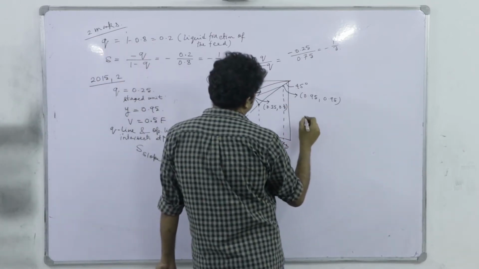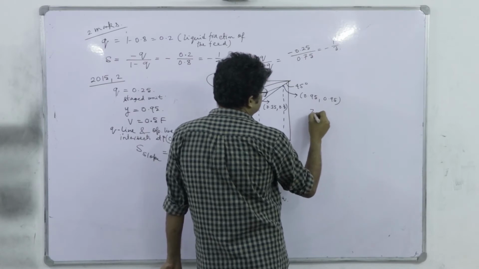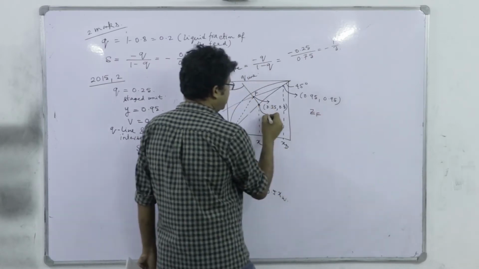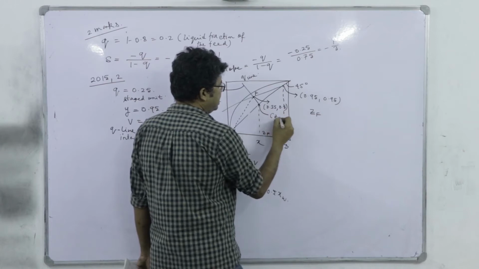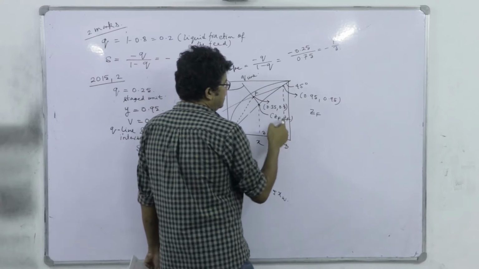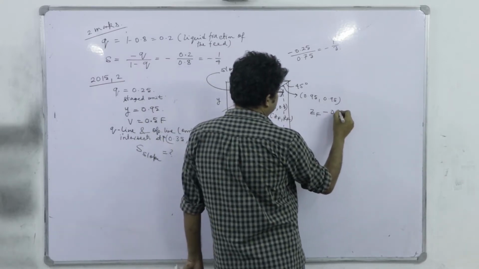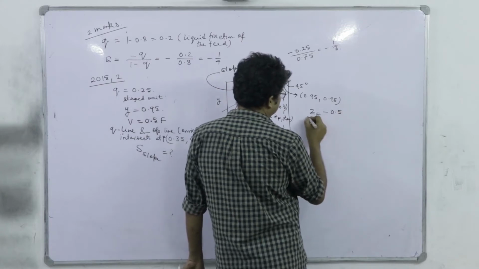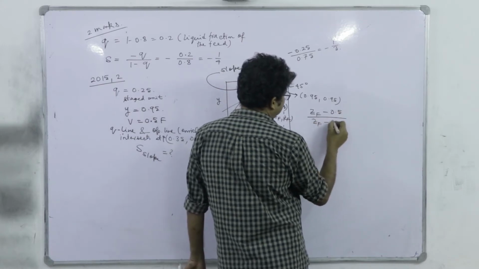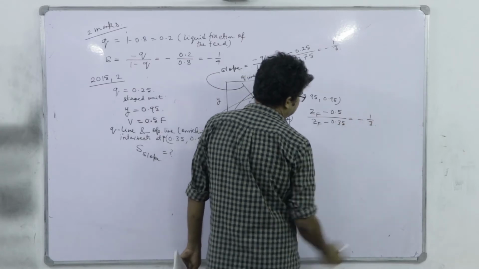So what we can do, we can write that ZF, this coordinate, because it is on the 45-degree line, has coordinate ZF, ZF, and this point is known.